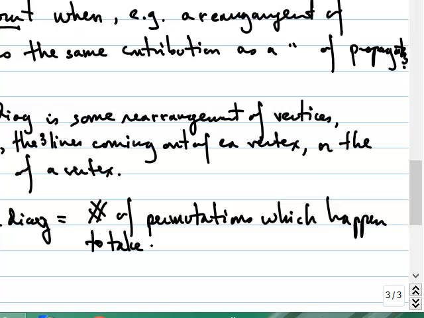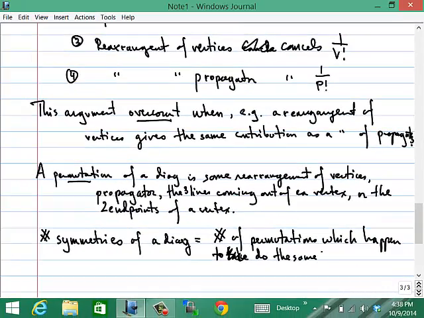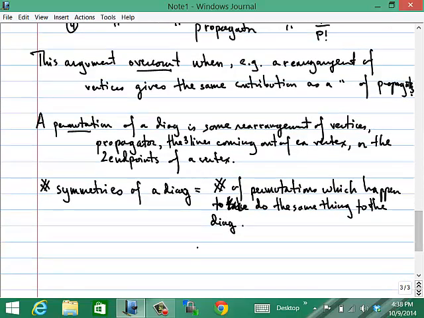That is to say, which happen to do the same thing to the diagram, which, if you think about it, is the same as the number of permutations which leave the diagram invariant.